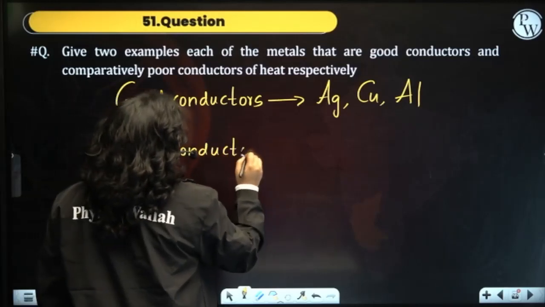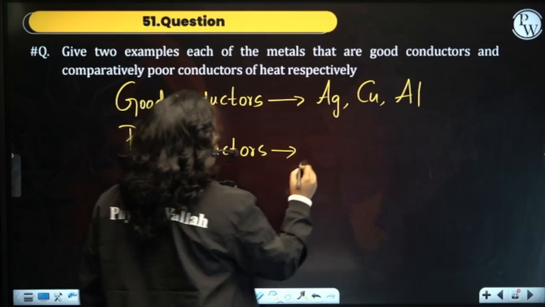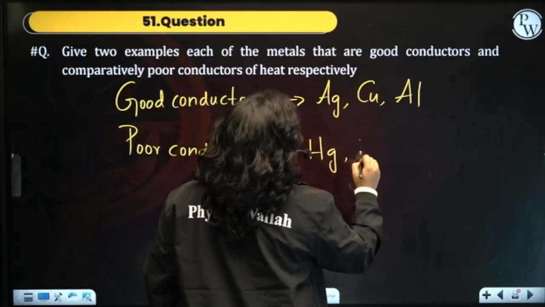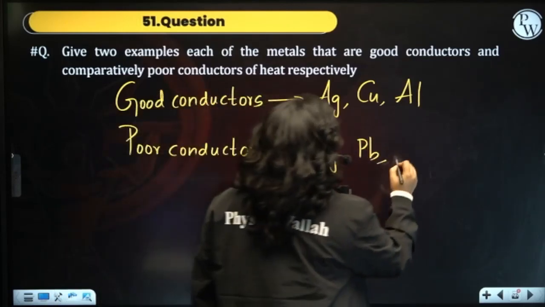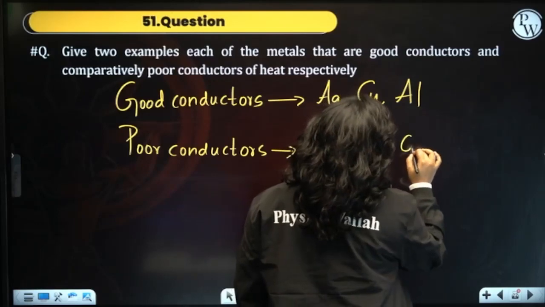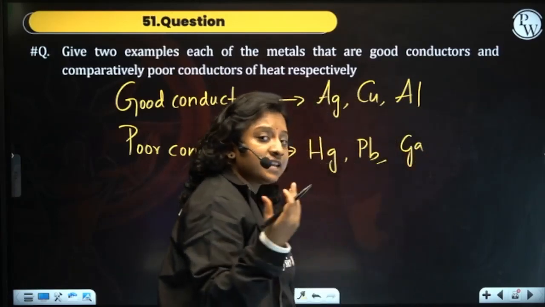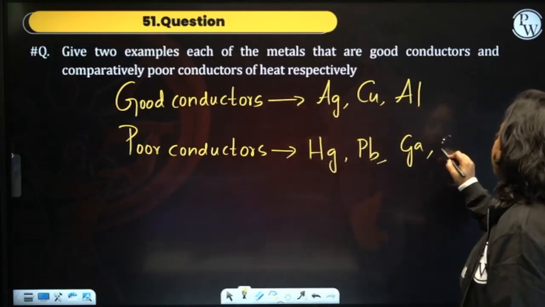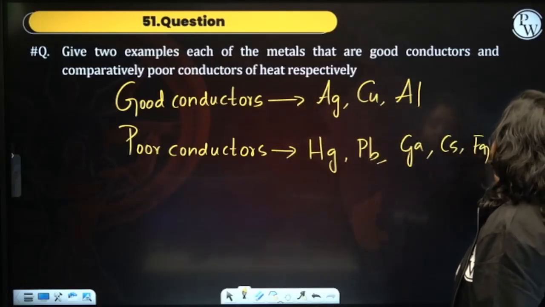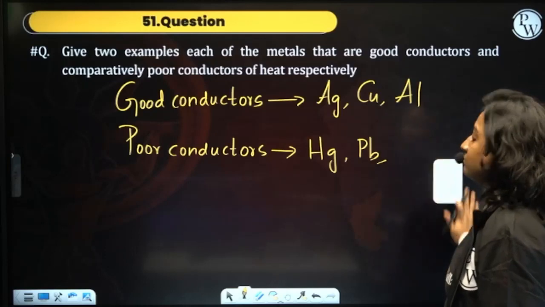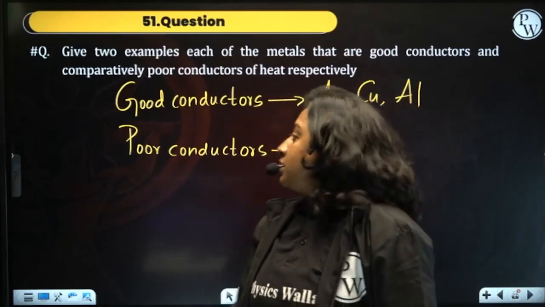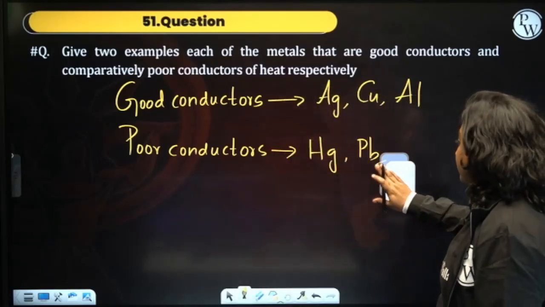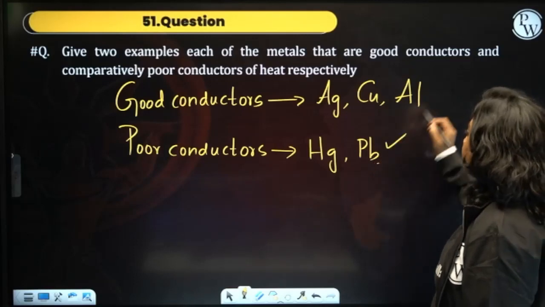Poor conductors are mercury and lead, and you can also write gallium because gallium is easily melting. Cesium also you can write. Francium also you can write because all these are easily melting. But if the NCERT key answer is asked, you can write these two.